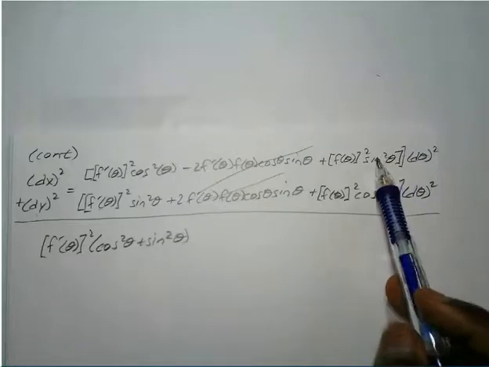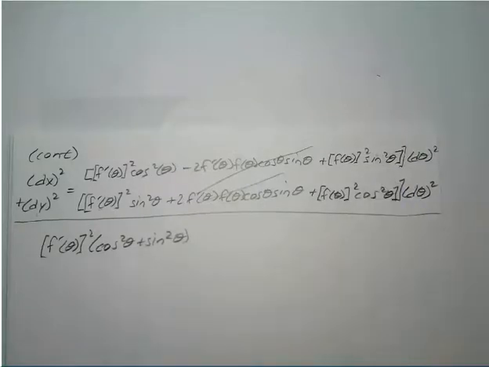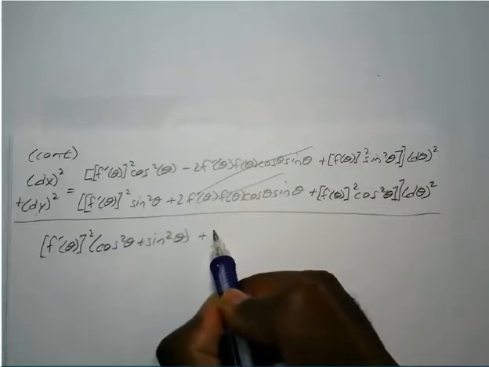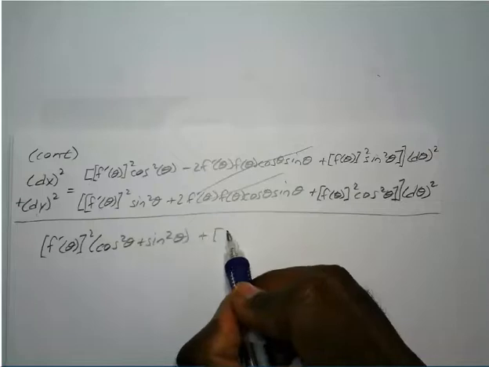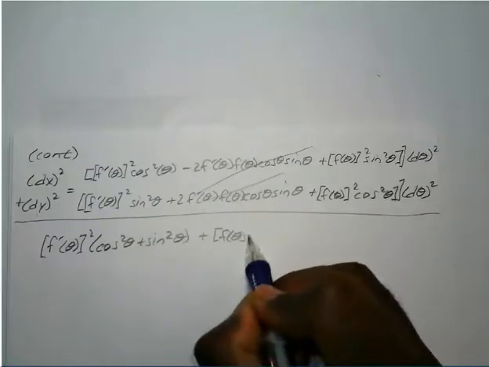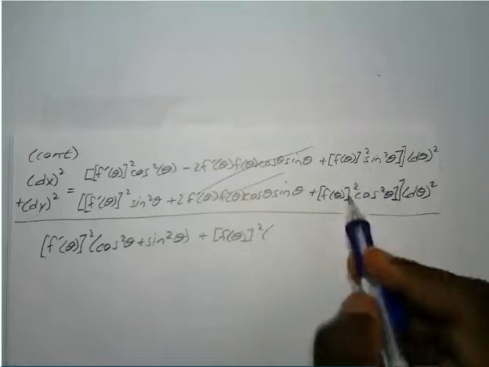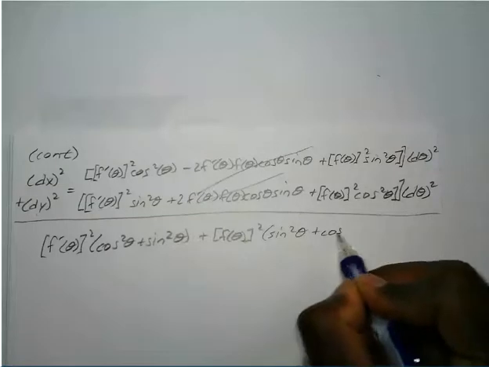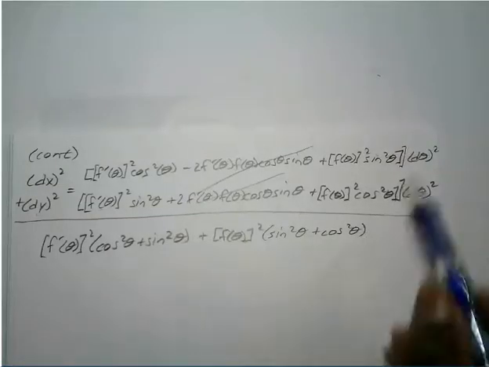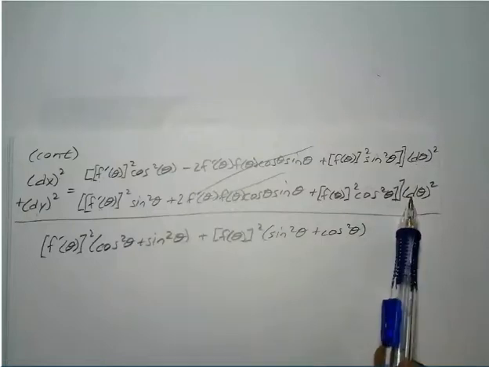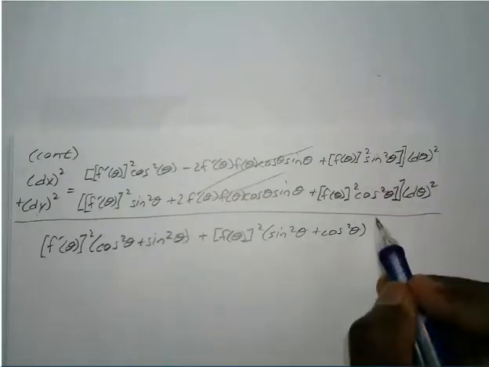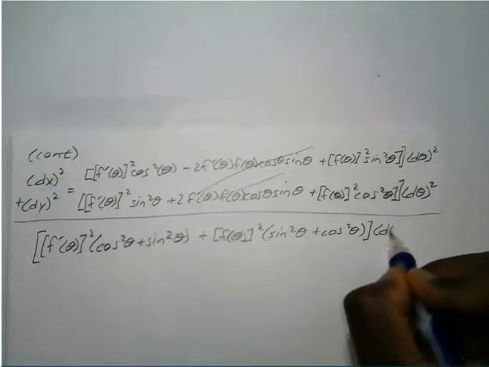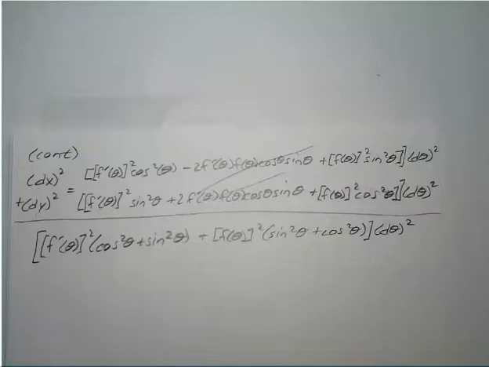Then plus f of theta squared, and we factor out sine squared theta plus cosine squared theta. And you can see that d theta squared is already factored out from both of these.